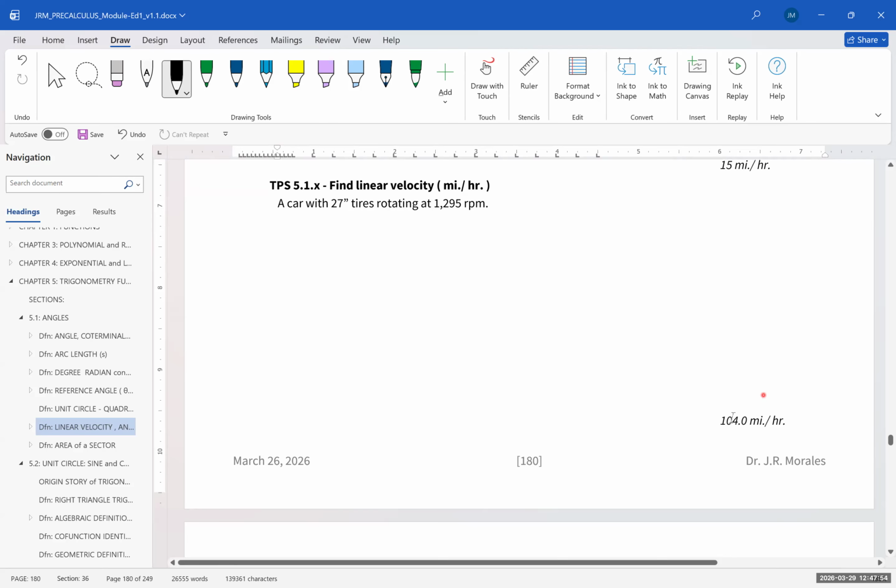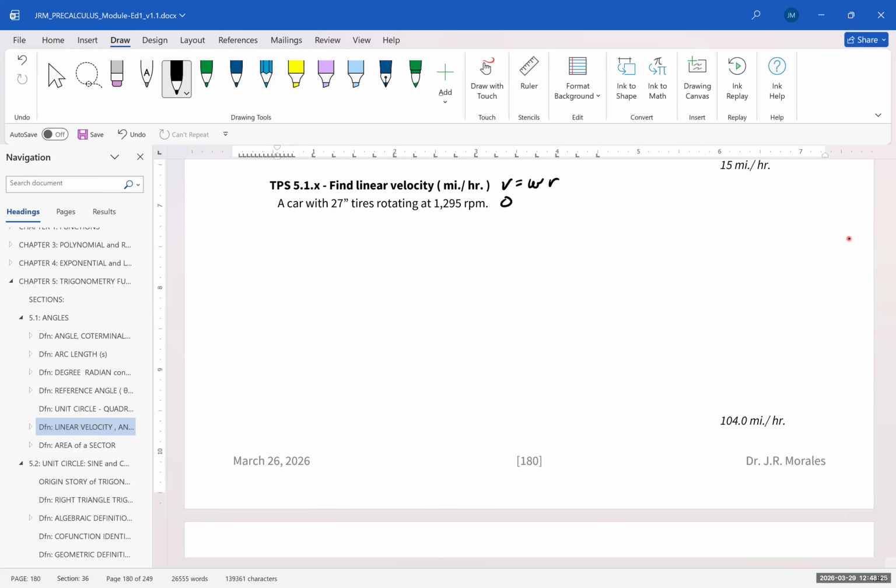Okay, so maybe you didn't get quite 104 miles per hour, or you did and you just want to see how I solved it. So we're going to find the linear velocity, which is v equals angular velocity times the radius of a car with 27-inch tires rotating at 1,295 revolutions per minute.